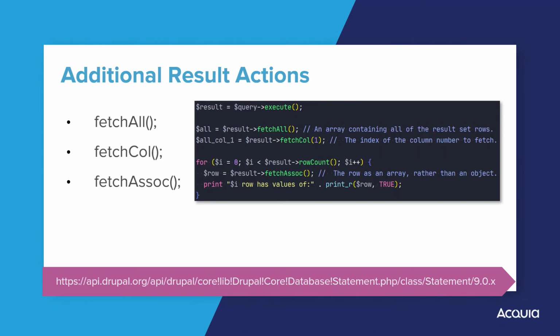Some common result actions are fetchAll, fetchCol, and fetchAssoc. fetchAll returns an array containing all of the result set rows. fetchCol or fetch column returns an entire single column of a result set as an indexed array. And fetchAssoc fetches the next row and returns it as an associative array. In upcoming videos, we will use fetchAll and fetchCol.